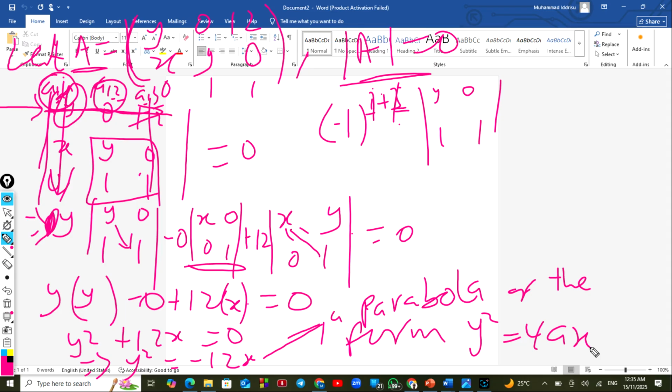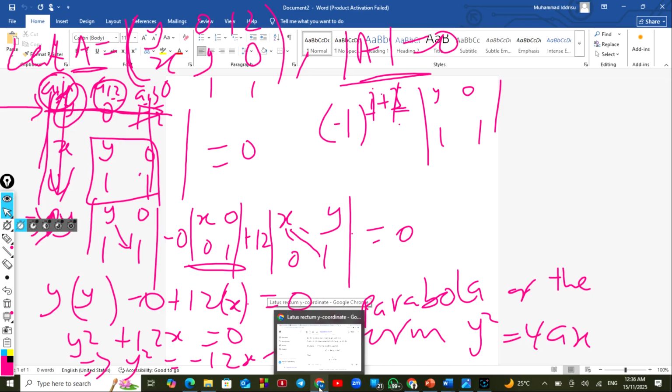So we've seen that this is a parabola. The first part of the question was asking us to show that this represents a parabola, and we have seen that the determinant of the matrix A is actually a parabola.